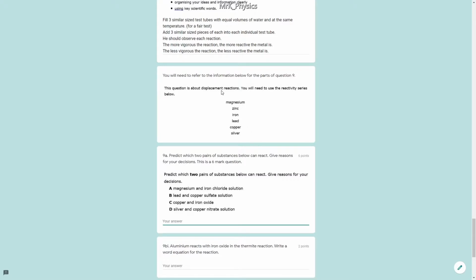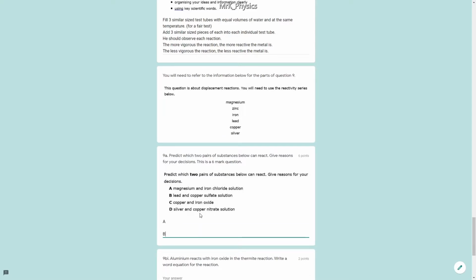A more reactive metal displaces a less reactive metal from its solution. So magnesium can displace the iron. Lead can displace the copper. This is B. C. The copper can't displace the iron. It's less reactive than the iron. The silver, right at the bottom, can't displace the copper. So our answers are going to be A, and they're going to be B.